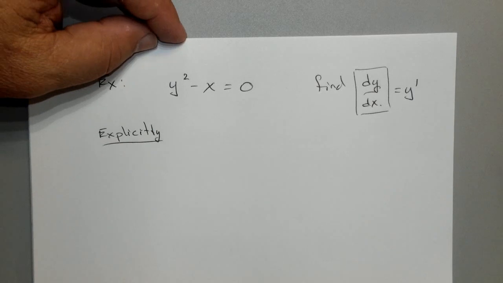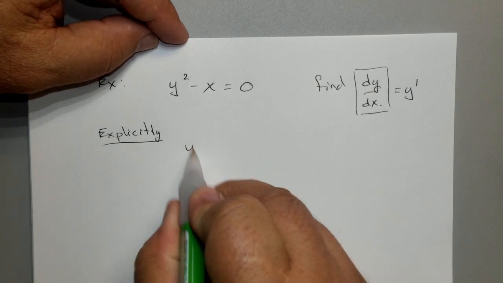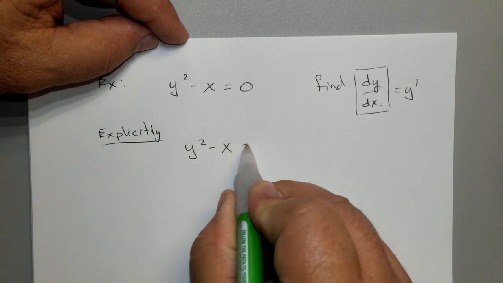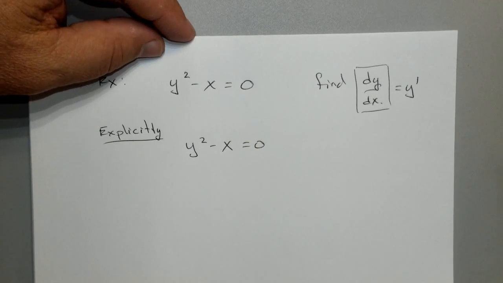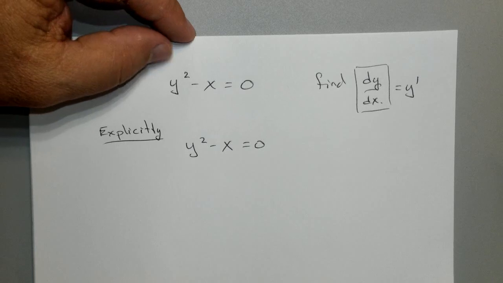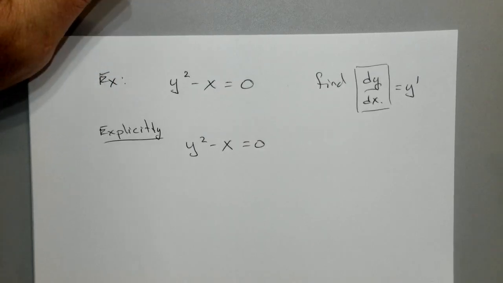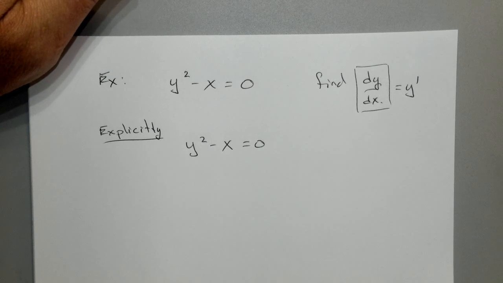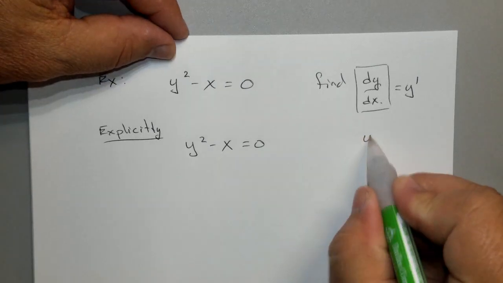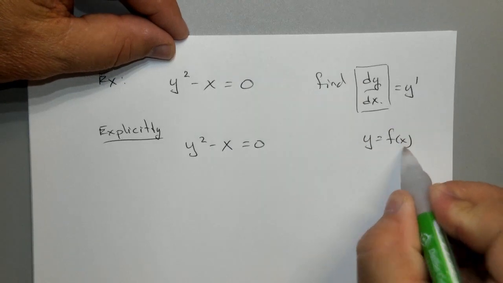Explicitly, well, how do we have to set it up if we're going to solve it explicitly? Which one? Eventually, but not yet. We have to first get y by itself. Remember, explicitly, we had this function.